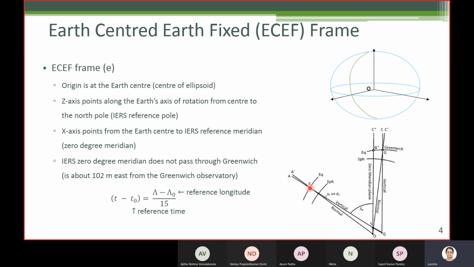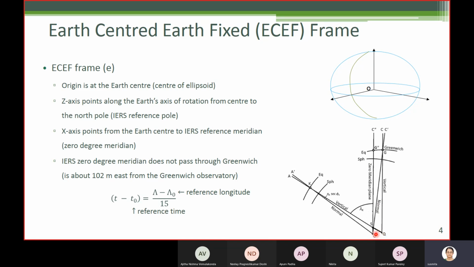And this is some other point at some other longitude. If the Earth had been a sphere, this would have been the vertical, normal to the surface, and it would have passed through the center of the Earth. So let's say this is the center of the Earth. Now, since the Earth is not a sphere, rather an ellipsoid, the local vertical does not pass through the center of the Earth.